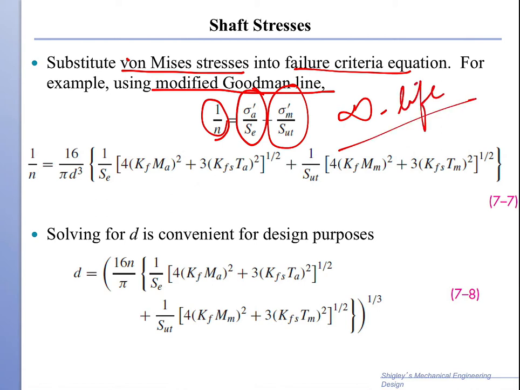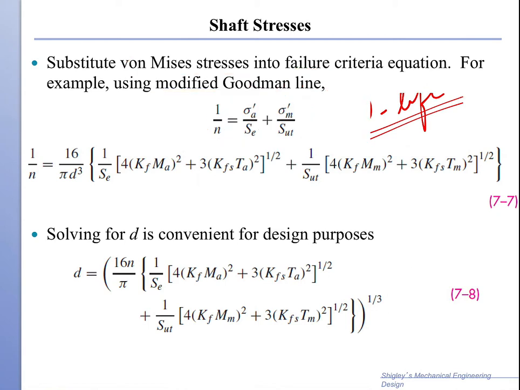Usually, we design the shaft for infinite life. So I'm going to leave it at this. Equation 7.7 and 7.8 are just basically substituting for sigma alternating and sigma mean the von Mises stress, and you can solve it backwards for the required diameter to satisfy a certain value of the safety factor required for the design.